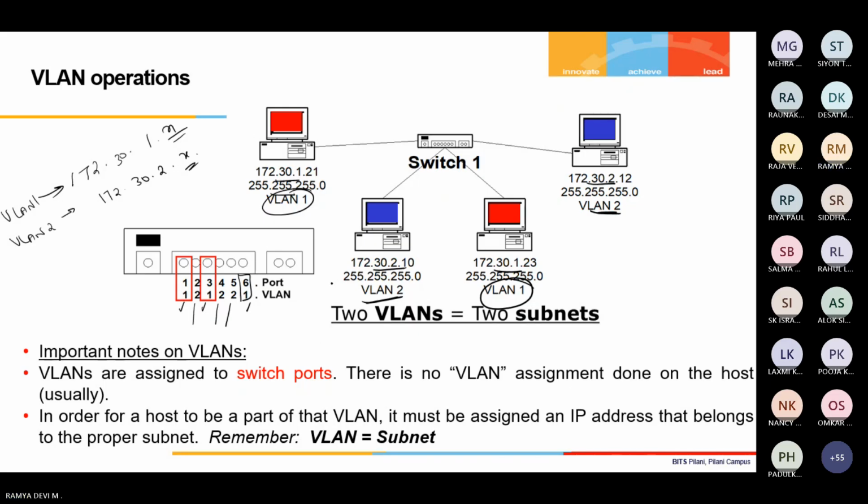Manually we can configure the port number to the VLAN. VLAN 1 uses 172.30.1.x and VLAN 2 uses 172.30.2.x. A single switch is used, but logically it is configured into two local area networks.